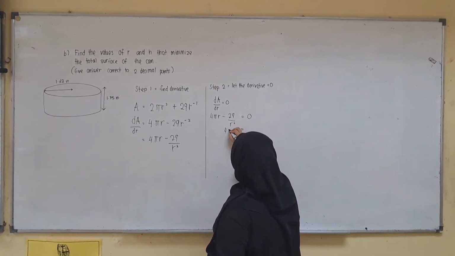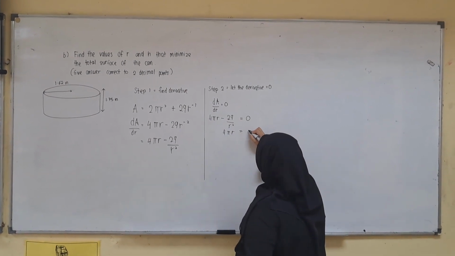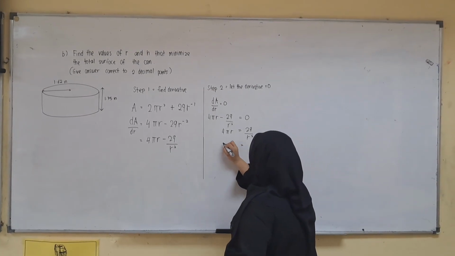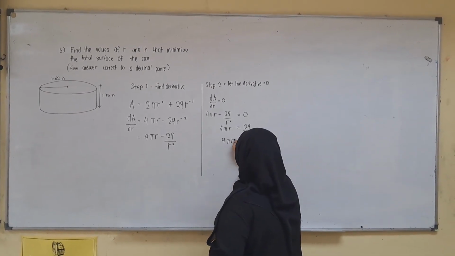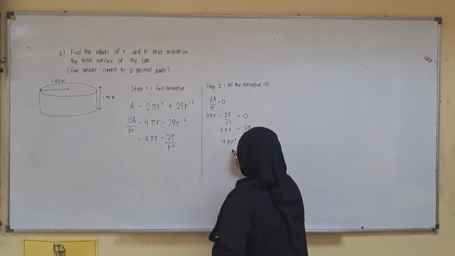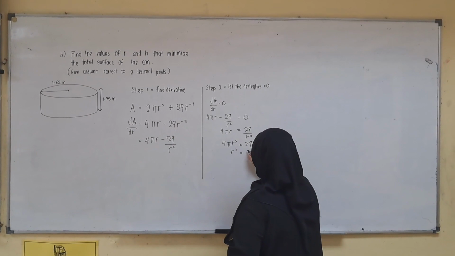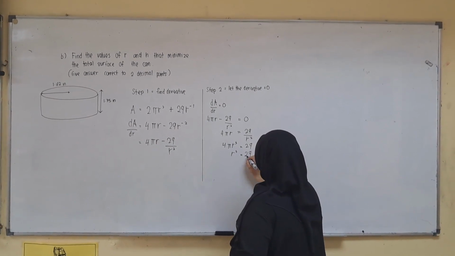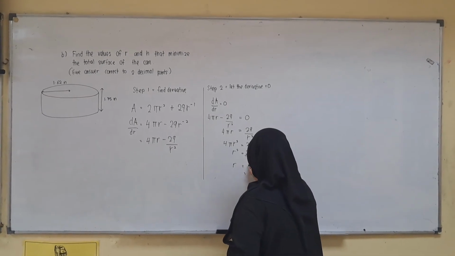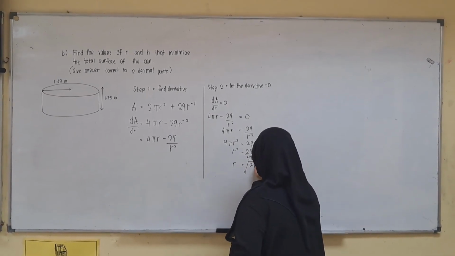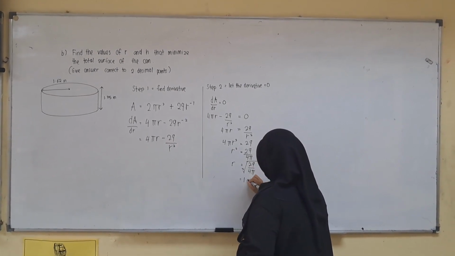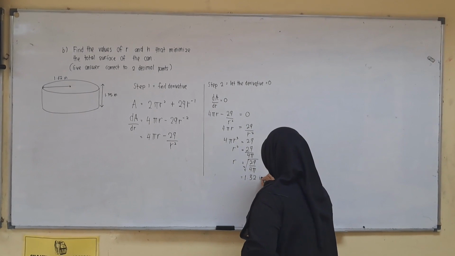So 4 pi r equal to 29 over r power of 2, so 4 pi r power of 3 equal to 29. Then r power of 3 equals 29 over 4 pi, so r is 1.32 inch.